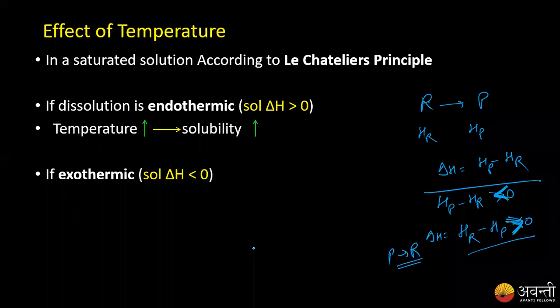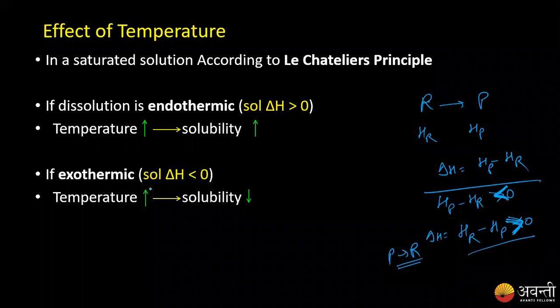if the forward reaction is exothermic, that means the backward reaction will be endothermic. So the increase in temperature will push the backward reaction more, hence the reaction will go in the backward direction. So as temperature increases, solubility will decrease.